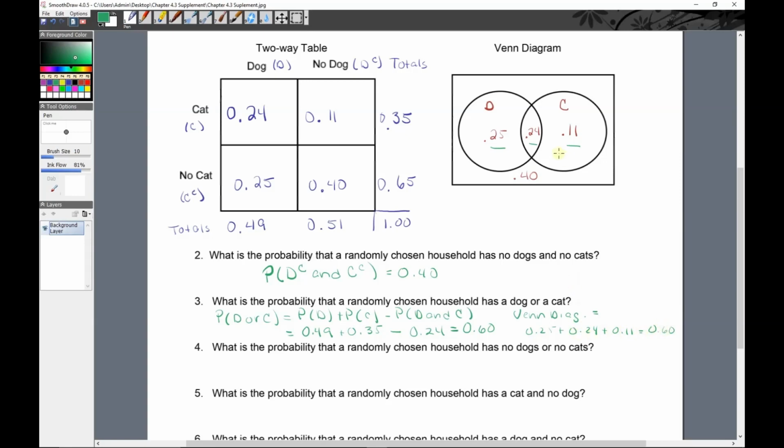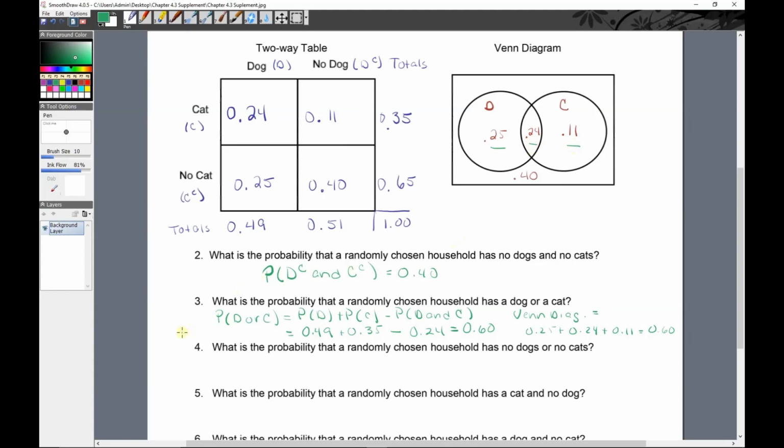And the reason that I can do that is you'll notice I'm not double counting that 0.24. If I were to do it here, I would double count it. But here, all I have to do is count this, this, and this, add them all up because it's an or: there's 3 ways to own a dog or a cat. You either own a dog alone, or you own a dog and a cat, or you own a cat with no dog. So very easy.